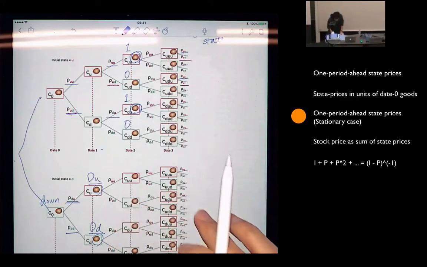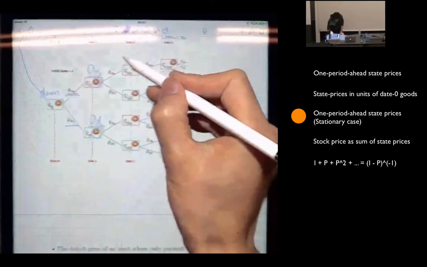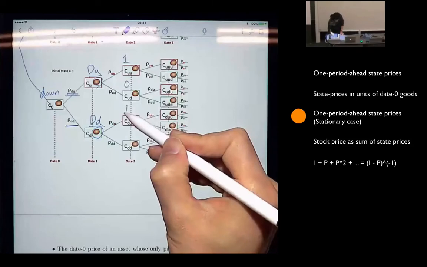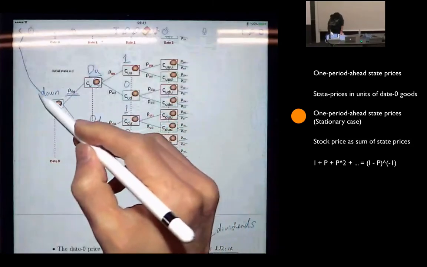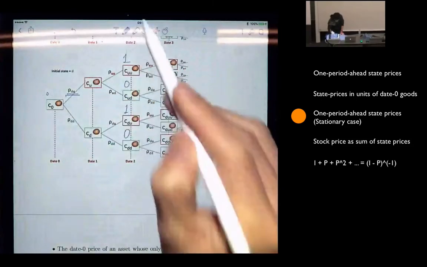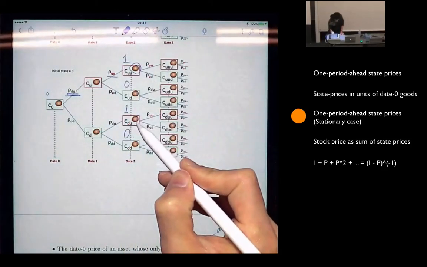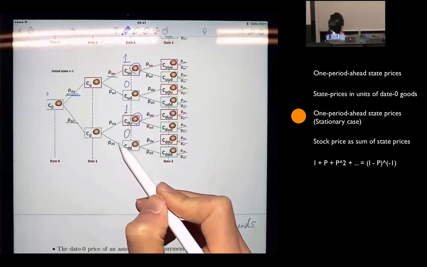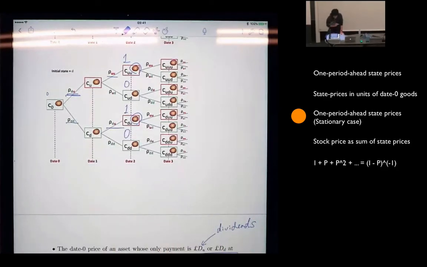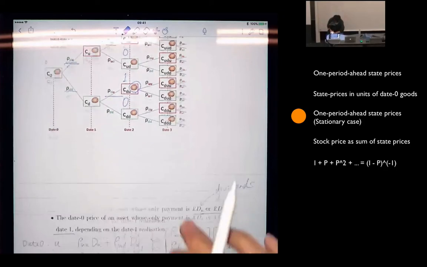If the initial state is down, the payment is the same, but the price of this potato is now rho DU times rho UU, and the price of this potato is rho DD times rho DU, and that's the price of this asset. Okay?